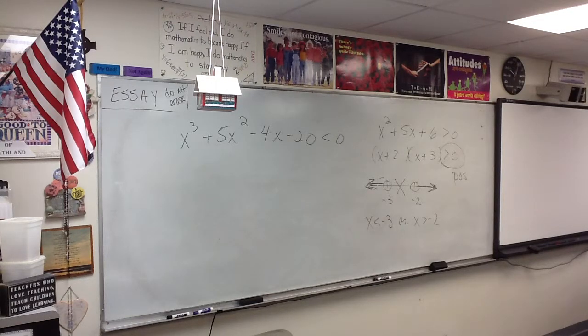So if you take out x squared, do that, and then you can take out -4. So we have, darn it, plus 5.